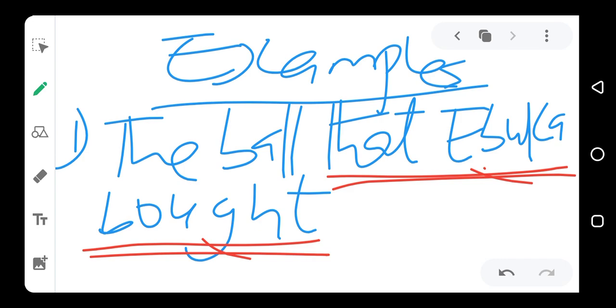On its own, it cannot give a complete thought. When you tell somebody "that Ebuka bought", the person will be looking at you like a mad person because the sentence is not meaningful. So it is a dependent clause, and we know why it is a clause.